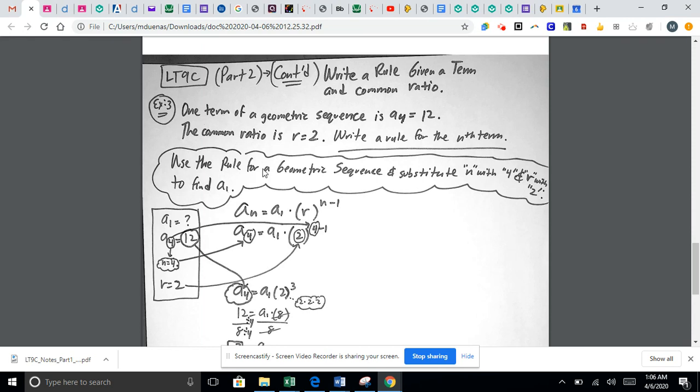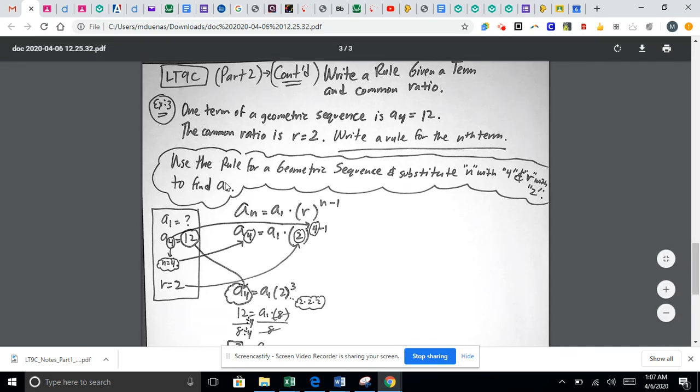So we are going to use the rule for a geometric sequence and then substitute what they give us right now. So we're going to substitute n, and right here a sub n is 4, right? So we're going to use n with 4. So substitute n with 4. And then they also give us r, the common ratio, which is 2. So we're going to substitute n with 4 and r with 2 to find a sub 1.